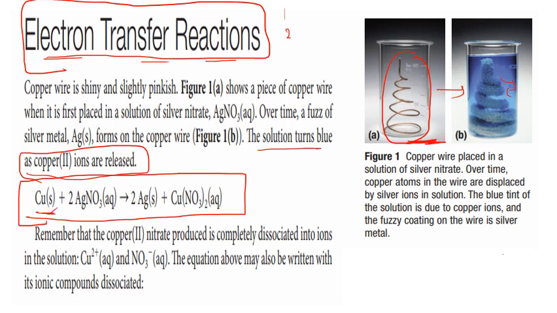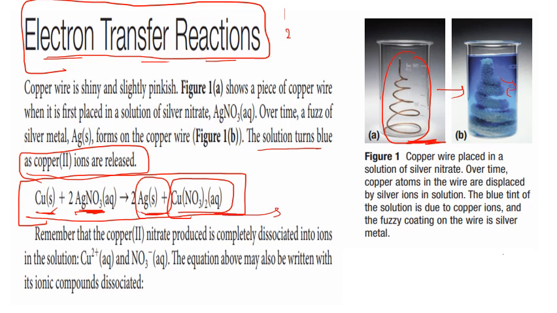Copper, first of all, was in the solid form. It went into the AgNO3 solution, and then the silver got deposited, and we had copper nitrate in the solution, in the aqueous form.